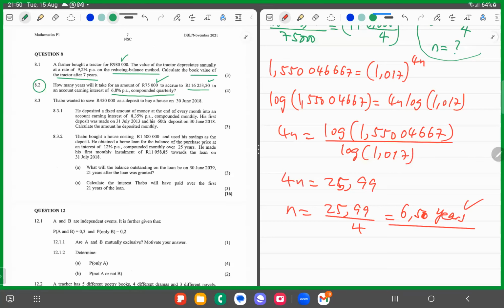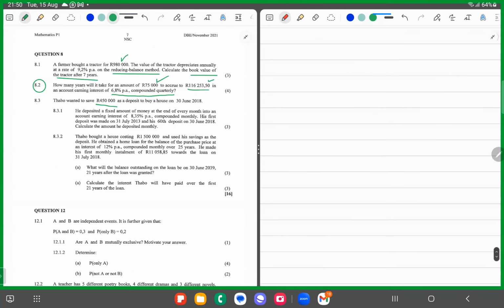Right, now 8.3.1. Thabo wanted to save 450,000 as a deposit to buy a house on 30 June 2018.